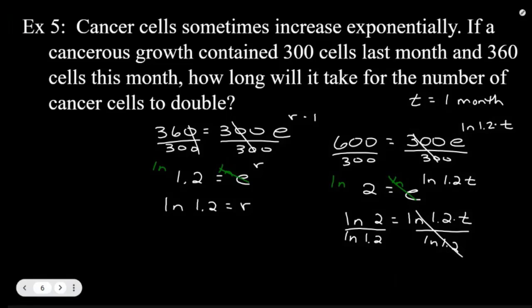So again, on the calculator, parentheses are important. So natural log of 2 divided by natural log of 1.2. And it looks like we're going to get about 3.8 months.